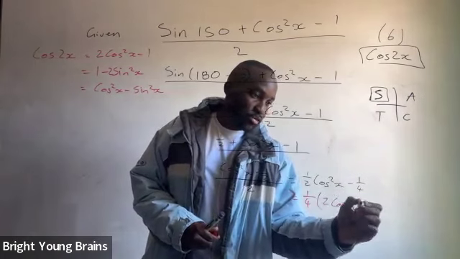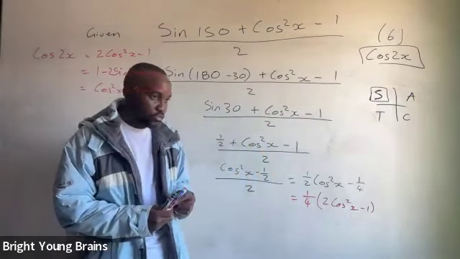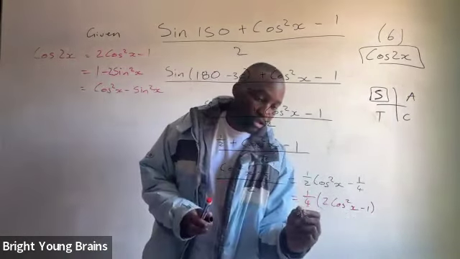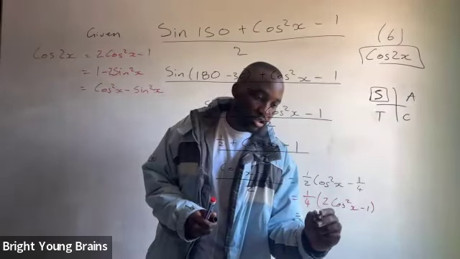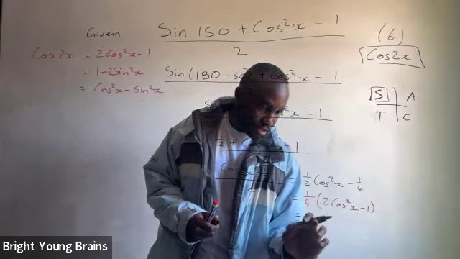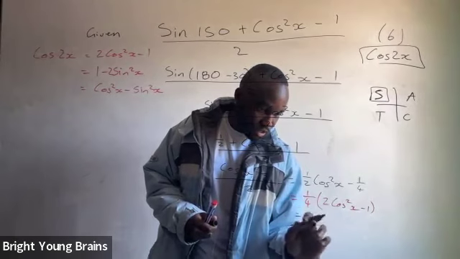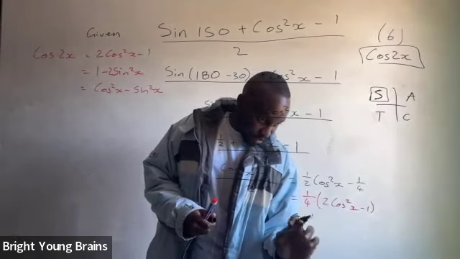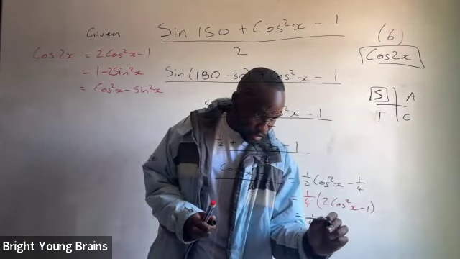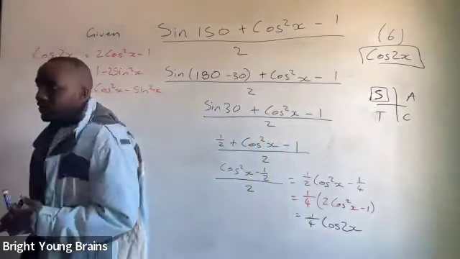And here, if you take out a quarter as a common factor, you're just going to have negative 1 as a placeholder. And this entire part that's inside the brackets, that part we know is just cos 2x. So a quarter cos 2x is your final answer.